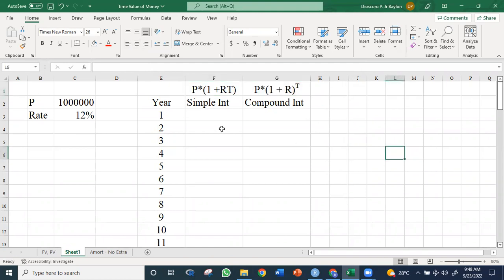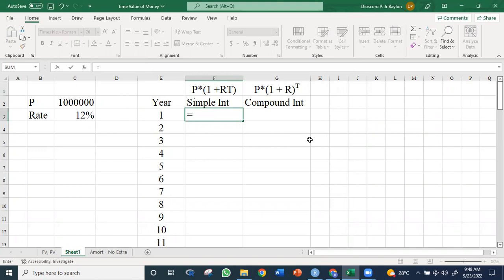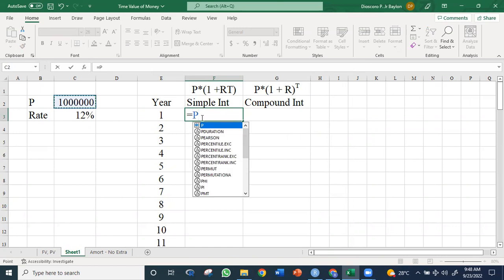You can see here the marked difference between a simple interest and a compound interest. So let's do this. This is equal to, our P is just this one, so if I click this, it will already be P. That will be fixed, and it will not change because the principal will always be this amount.